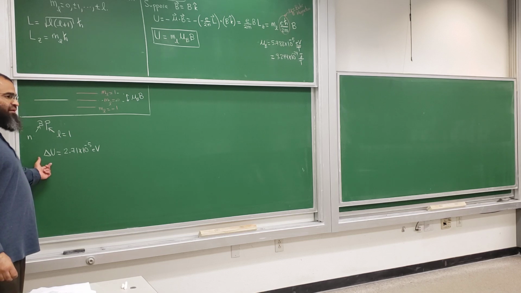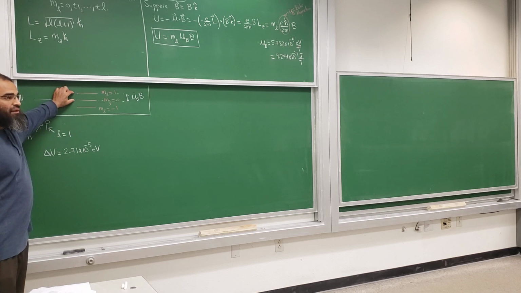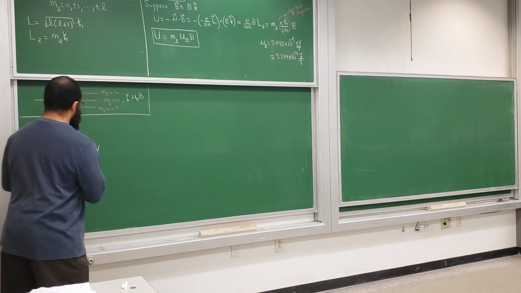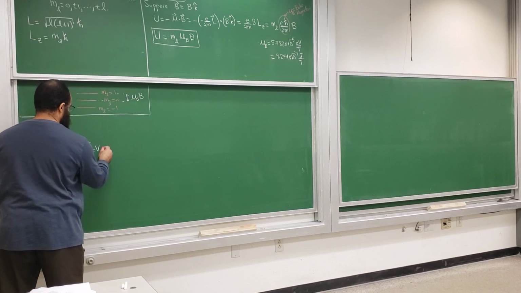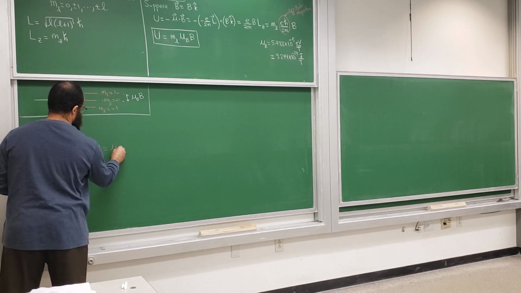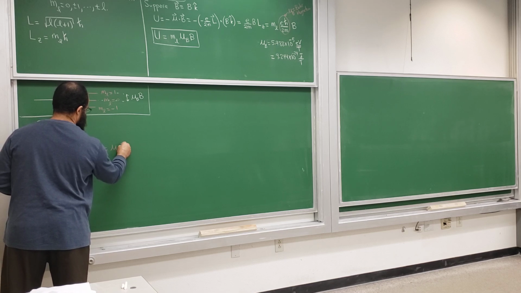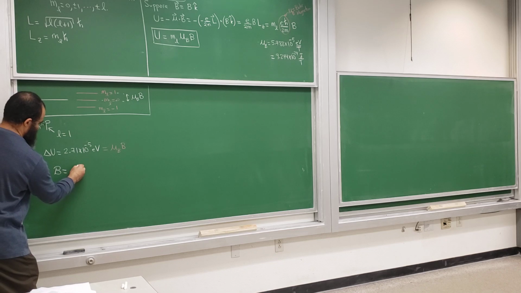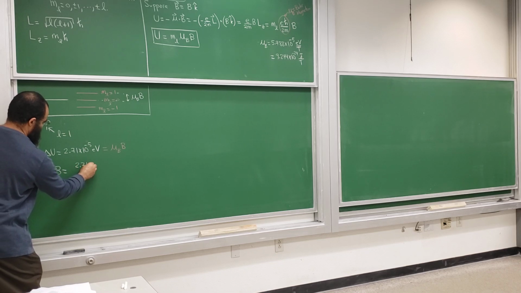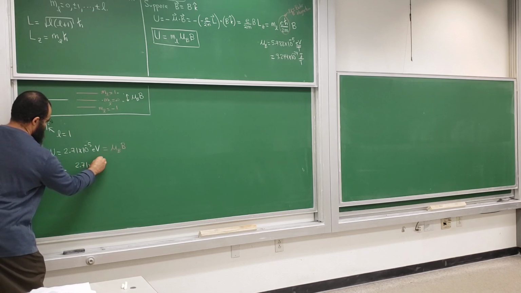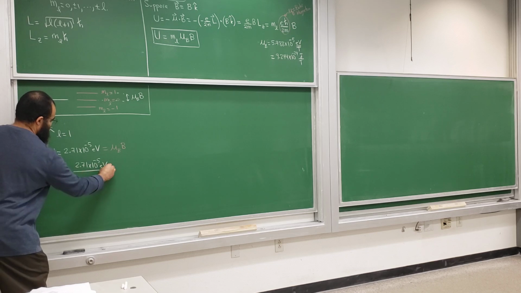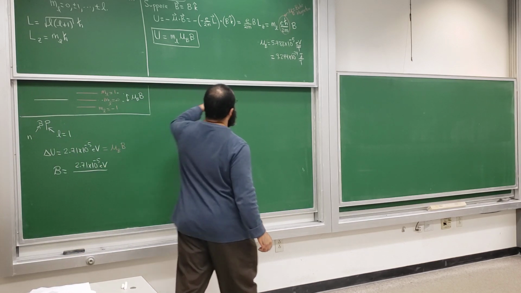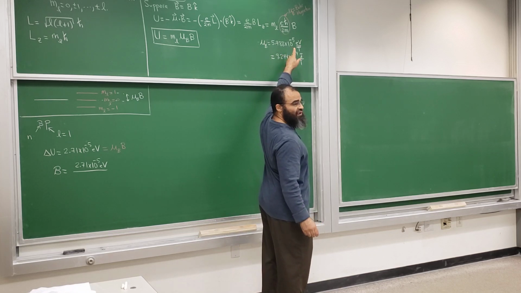This is the spacing between the two. Use that formula, right here. The spacing is just mu B, so it is equal to mu B. So the magnetic field, B, would just be 2.71 times 10 to the minus 5 eV divided by the Bohr magneton, mu B. Since I have eV on top, I will use the one that contains eV, right?